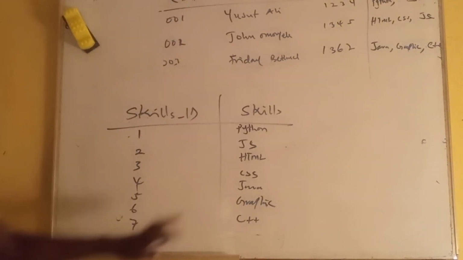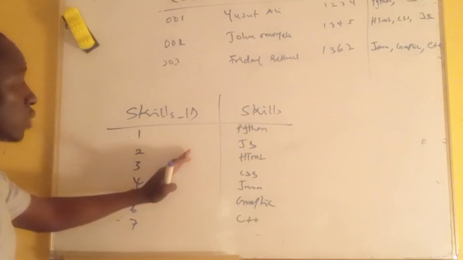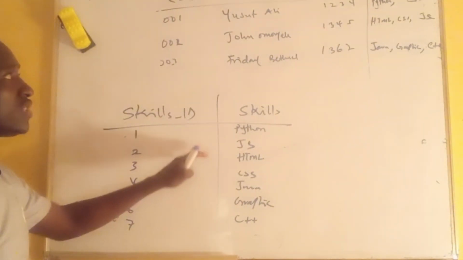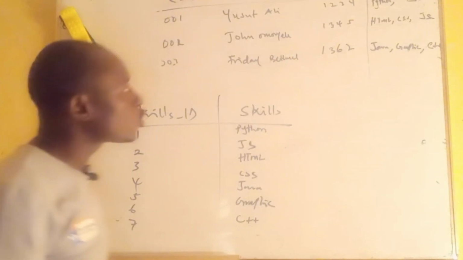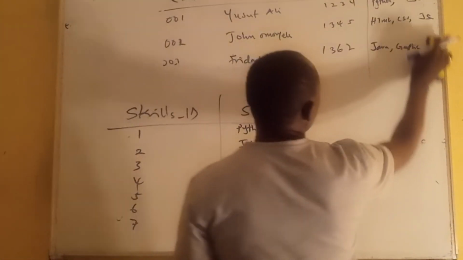So we have created another table. You remember? This is one of the advantages of using database normalization. So here, if we come to this very space, we are going to provide.